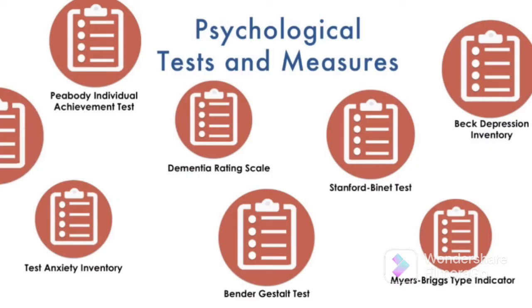Then we have psychological tests. There are many tests that can be used to assess the personality of a person, or how friendly the participant is, or what the level of self-esteem is. There are available standardized instruments that were already used by experts in assessing or measuring the personality traits of an individual.